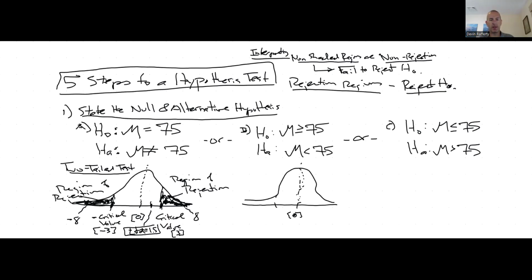It has a negative critical value, and we call this a one-tailed, left-tailed test.